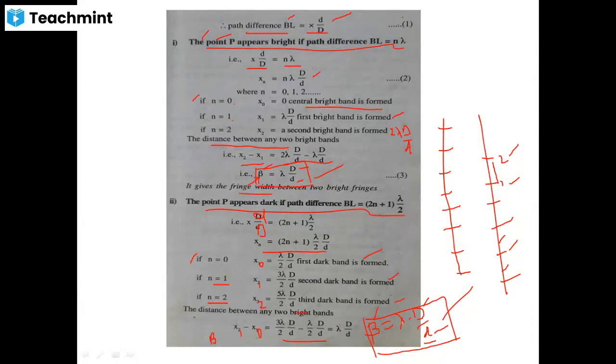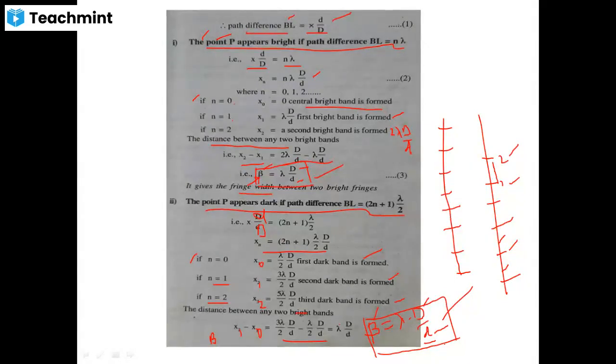Lambda, the wavelength of the incoming light, capital D, the distance between the screen and the slit, small d, the distance between two slits. It depends upon these parameters, right? So this is how we can obtain an expression for fringe width by using Young's double slit experiment.